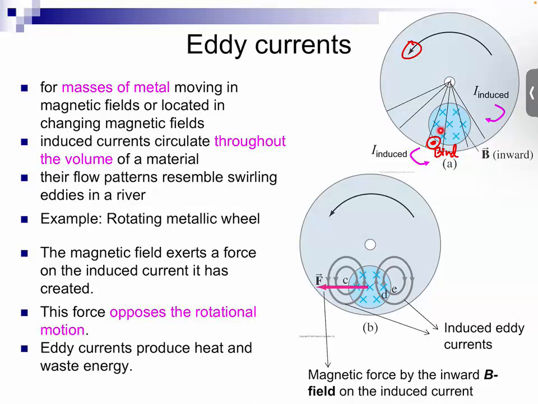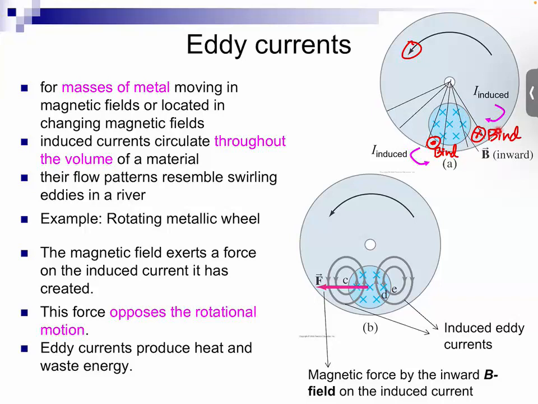Now, when this segment reaches the end of the magnetic field region, it goes from with magnetic field to without magnetic field. Lenz's law again doesn't want that change. So Lenz's law will induce a magnetic field that's into the page as that segment leaves the magnetic field region.